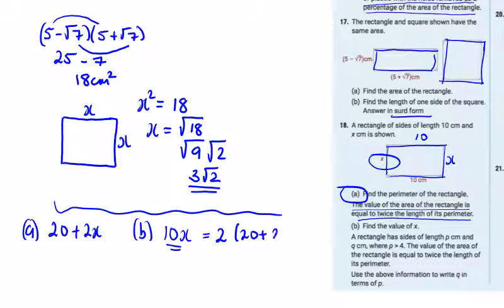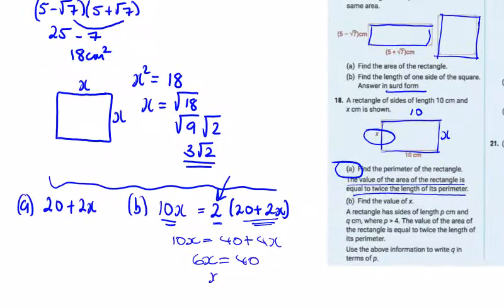Now the book's answer is 2.5, which eliminates this 2 from proceedings, but the way it's asked is twice the perimeter that we've already gotten. So 10x is equal to 40 plus 4x, so 6x is equal to 40. So x is equal to 40 over 6, which is equal to 20 over 3, which is equal to 6 and 2/3.